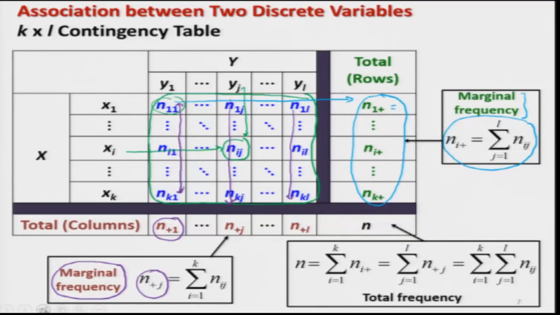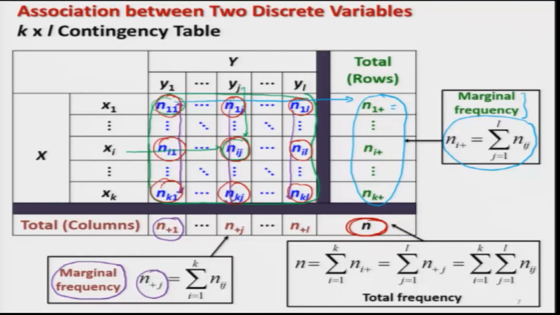Now, finally, if you see this n, now this n can be obtained as a sum of all the frequencies which I am denoting here in red color, or say all the frequencies which are denoted here in blue font, blue color.